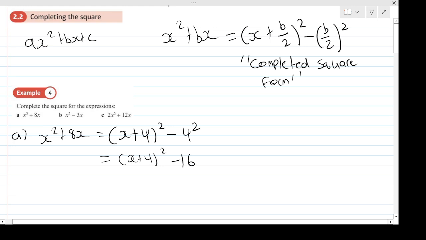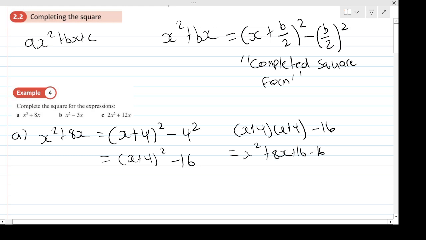And again, you can see that's true. Let me just show it's true for this case. But you know it's true because you can expand the brackets and you'll get back the original. So if I was to expand it, well, x plus 4 squared, that's x plus 4 times x plus 4, and we have minus 16. So if I expand, it's going to be x squared plus 4x plus another 4x, that'd be 8x, and then plus 16.